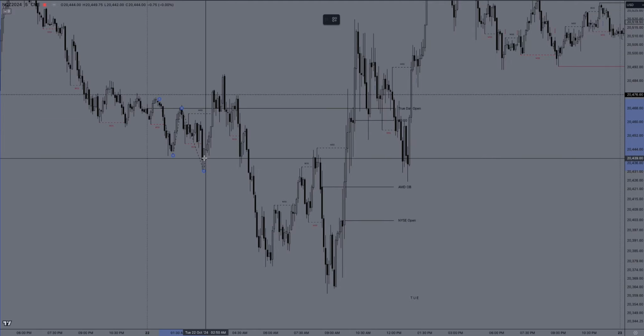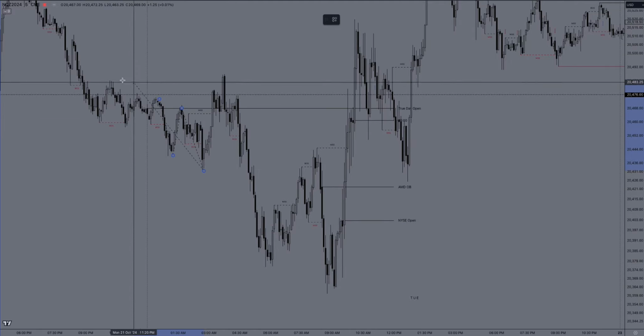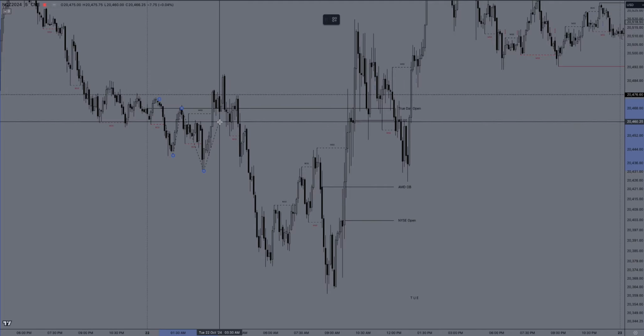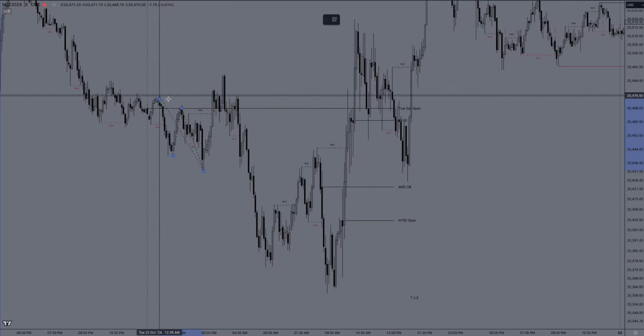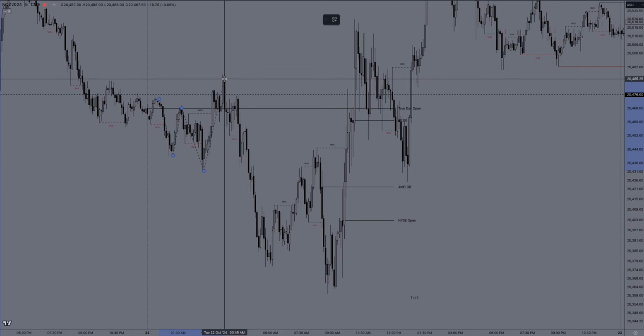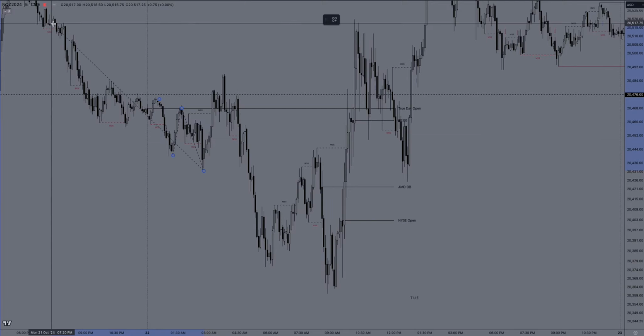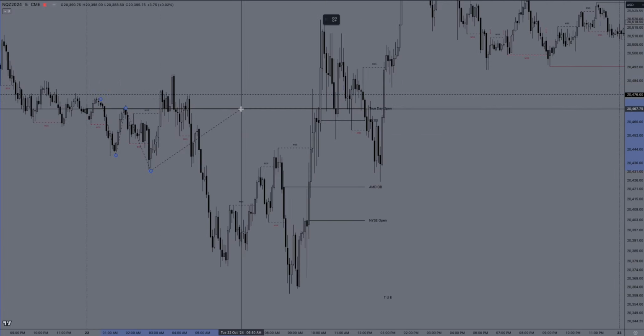And price decided to manipulate up, activate all the buy stops above this area here, and take out all the stop losses from sellers that were shorting these price legs. Manipulated up, came down, and gave us another market structure shift in alignment with the higher time frame order flow, which is bearish.